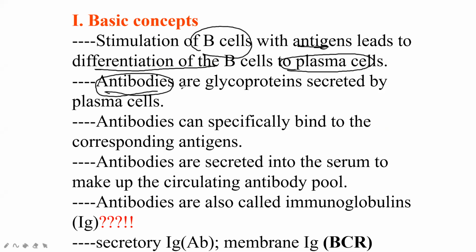Understand? So what are antibodies? These are glycoproteins. What type of protein? These are gamma proteins. Keep in mind, all are gamma proteins. Immunoglobulin Ig, immunoglobulin IgA. Clear?